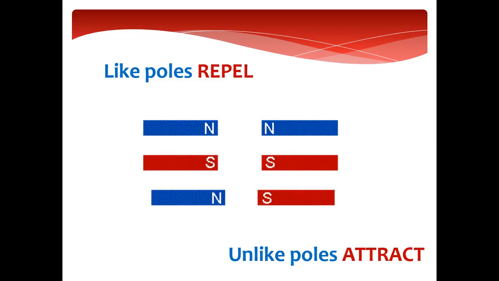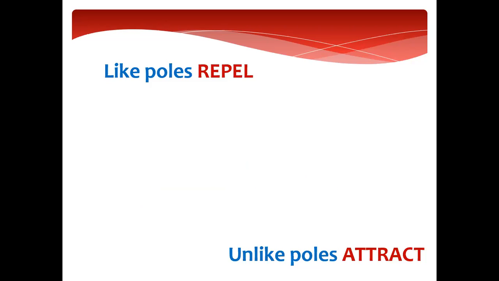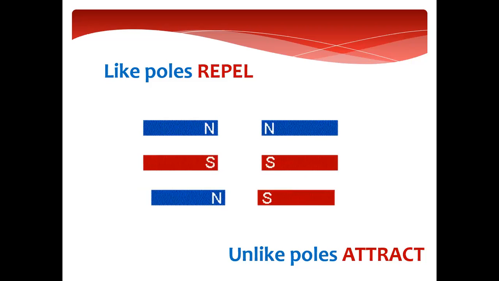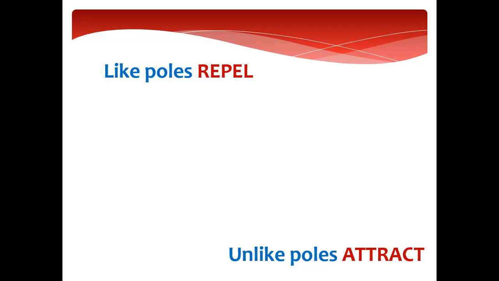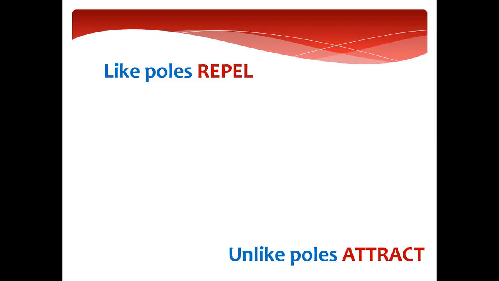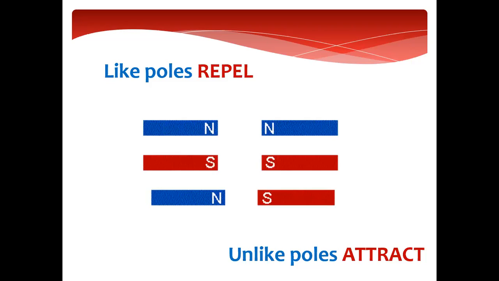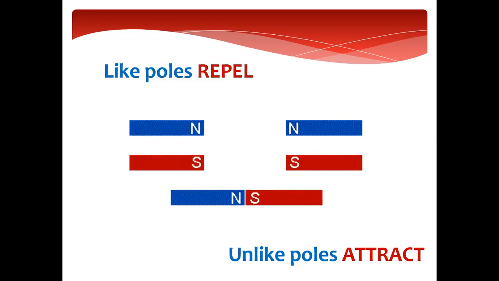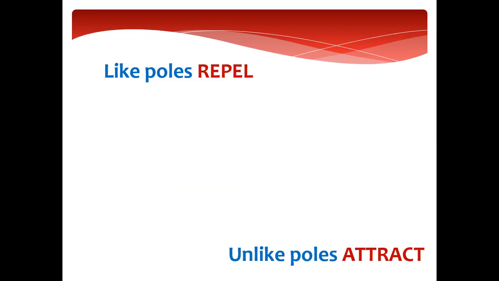Now, if I have those two magnets again and I put them beside each other, and suddenly they stick together, they are attracted together. This means that they are unlike, north beside south. Why? Because unlike poles attract each other.